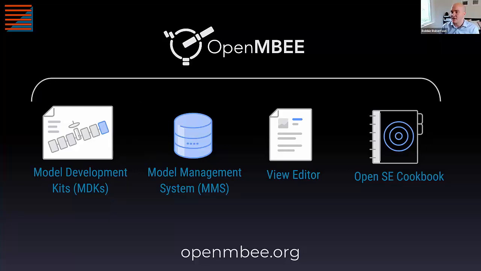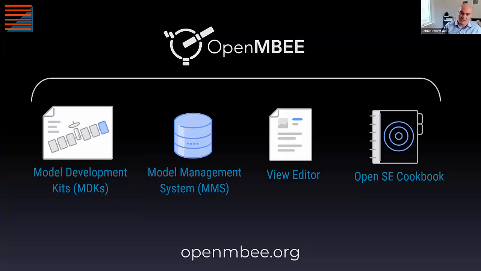These are the components of OpenMBEE. First, we have the model development kits. These are tool-specific integrations, and their primary purpose is to sync models with the model management system. That's what we developed through this SBIR. The model management system is this shared repository for our information.